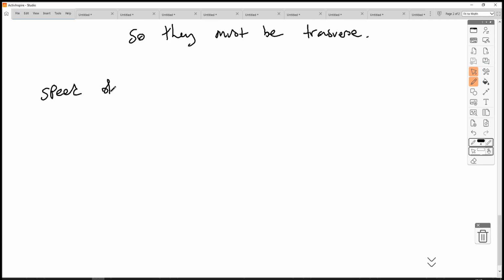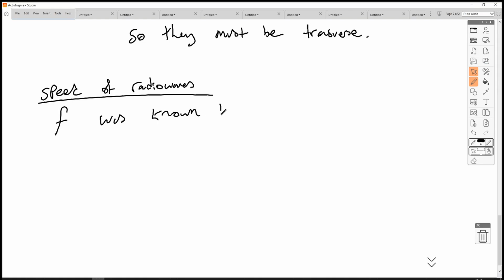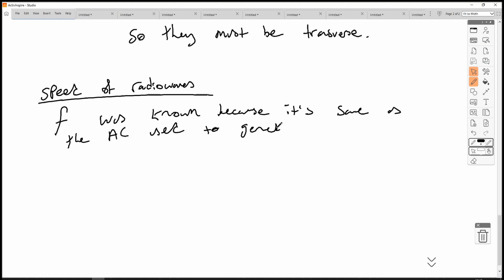So we'll do speed of radio waves. f was known because it's the same as the AC used to generate the radio waves. Lambda was found through experiment.